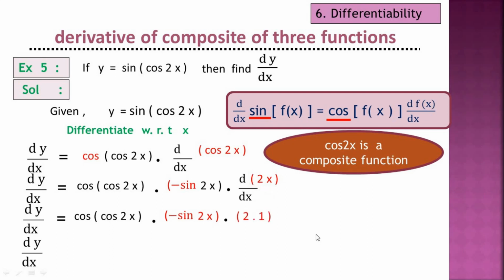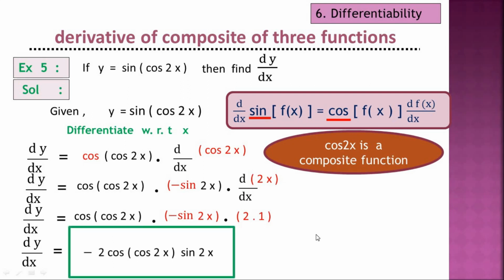So rewriting this function: minus 2 cos 2x into sin 2x. So this is the derivative of the given function. One by one you have to differentiate. First I differentiated sine, then d by dx of cos 2x. Next line, cos 2x, again the composite rule, cos function derivative and 2x derivative.